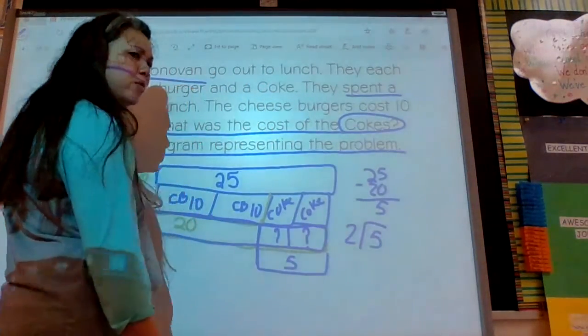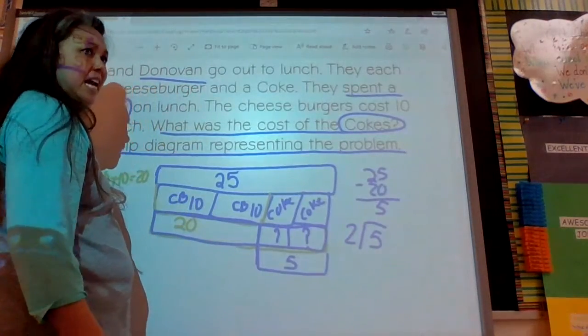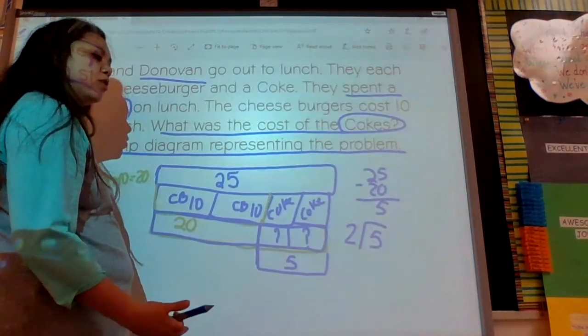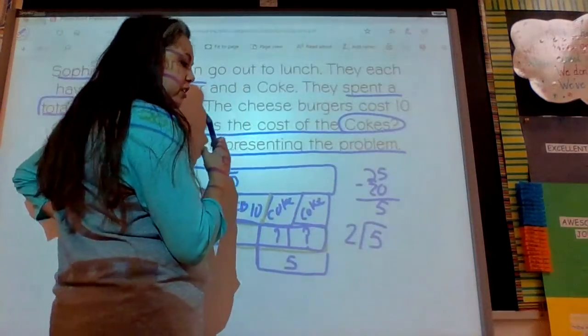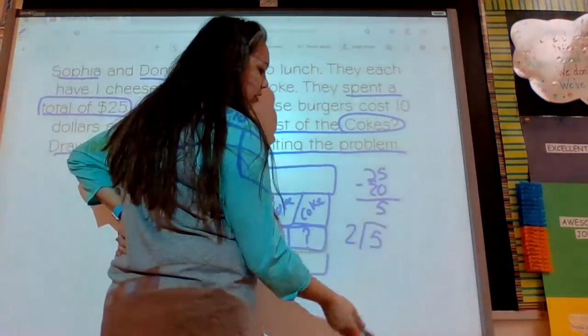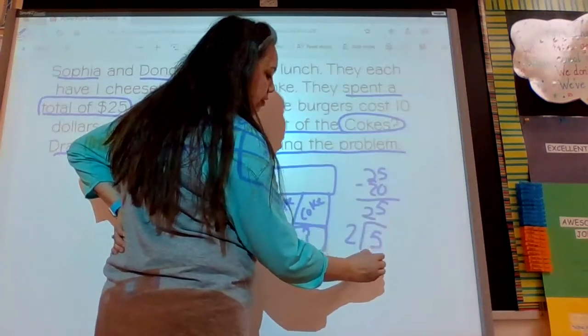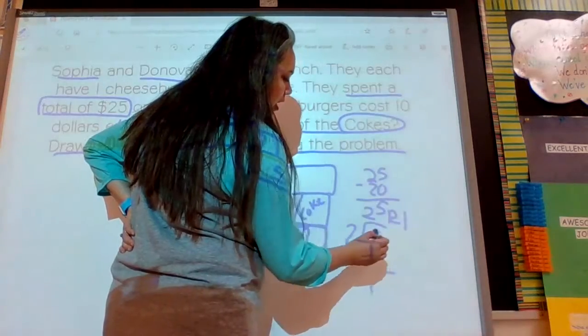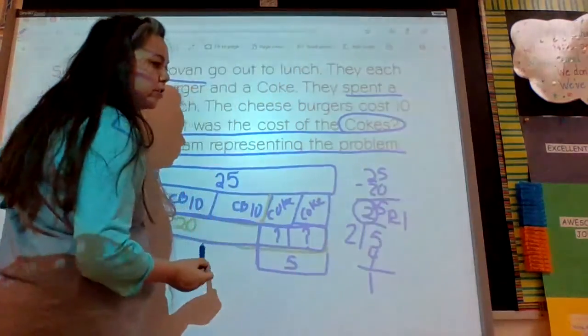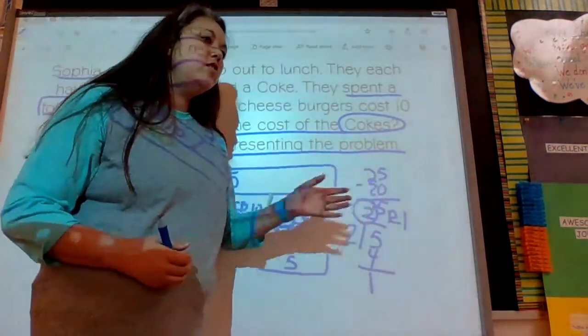Now this one's kind of weird, but you got to think of money. We're not used to thinking of putting $5 into half. But how many 2's go into 5? 2. We get 4. And we have a remainder of 1. So we have $2 with a remainder of $1 left over.